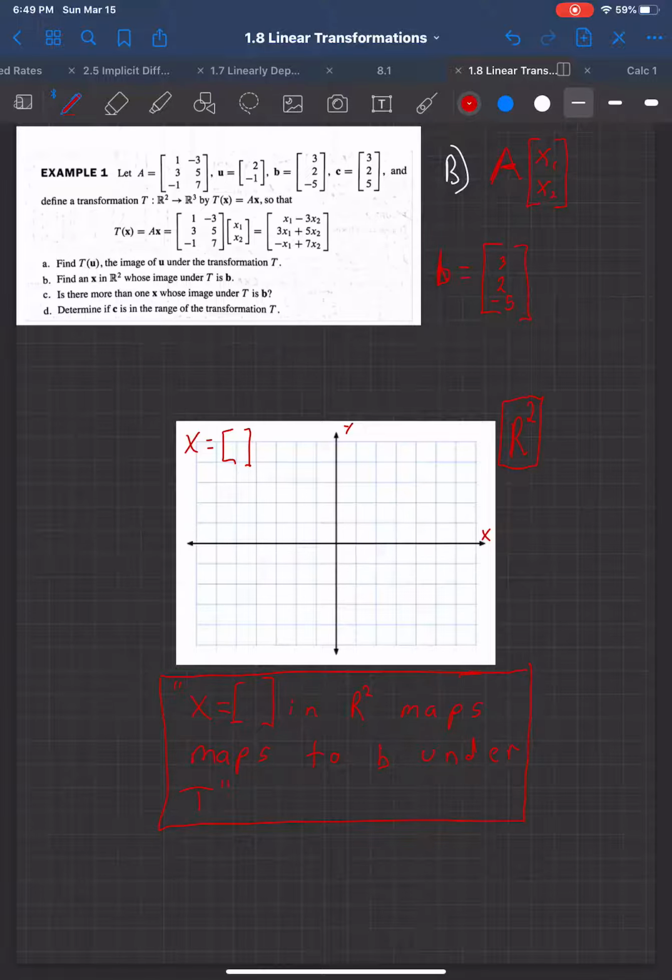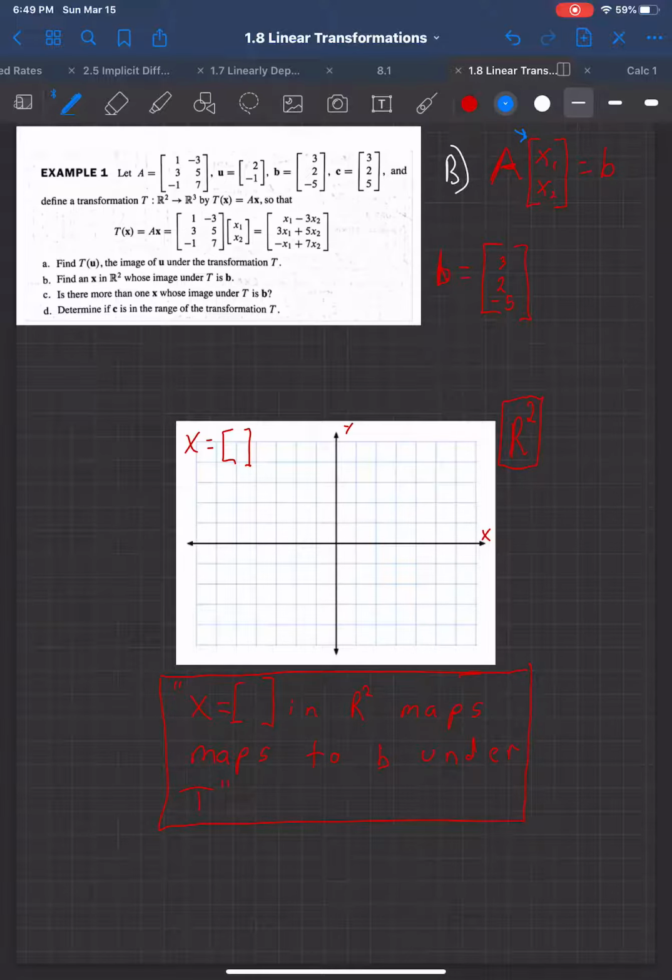A multiplied by some x has to equal B. I know how the vector B is defined, and I know how matrix A is defined. I just don't know which point in R2 is going to map to B.